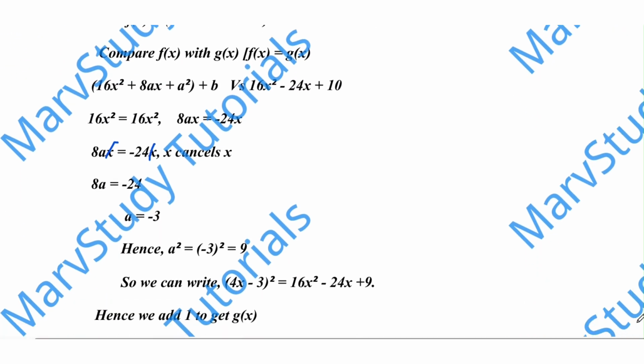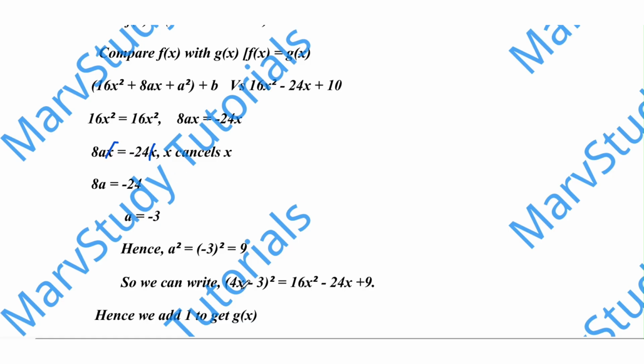Negative 3 squared, because at the end we have 16x squared, please pay attention, 16x squared plus 8ax plus a squared. We have gotten a as minus 3, and now we have a squared, isn't it? So negative 3 squared is going to give us a positive 9, right?